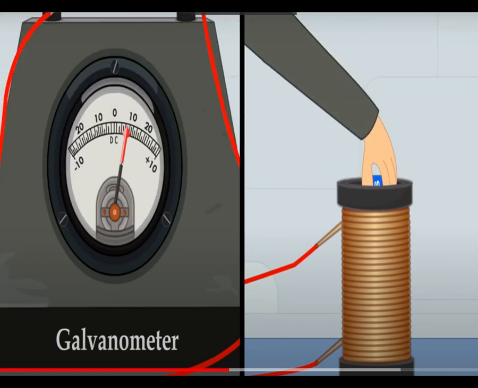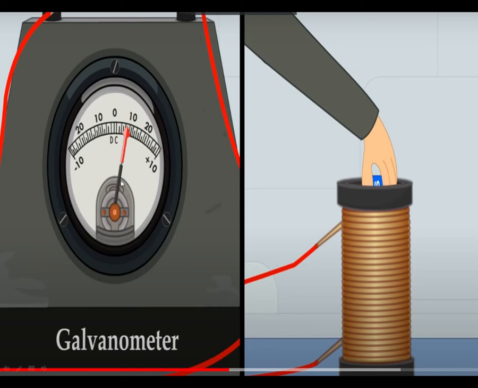As soon as we move the magnet inside the coil, the needle will start moving. On the galvanometer, you will see the needle start moving as soon as the magnet is introduced inside the coil, or as soon as the magnet is brought closer to the coil.